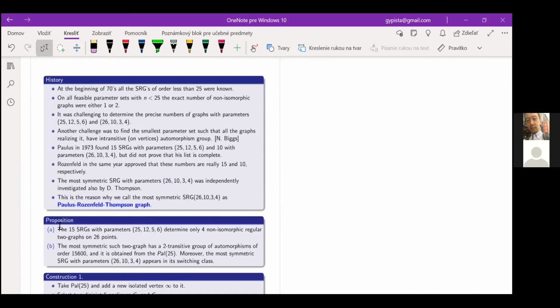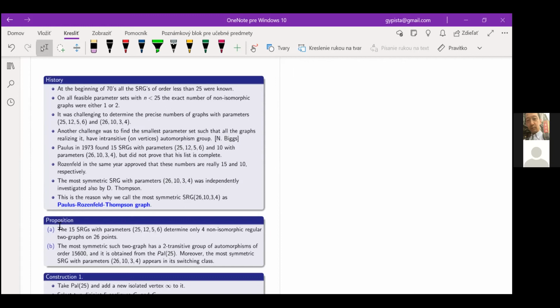Another challenge was given by Norman Biggs, who is one of the fathers of algebraic graph theory, and he was informally conjecturing that in all feasible parameter sets, when there is at least one graph, there will be at least one graph which is vertex transitive.